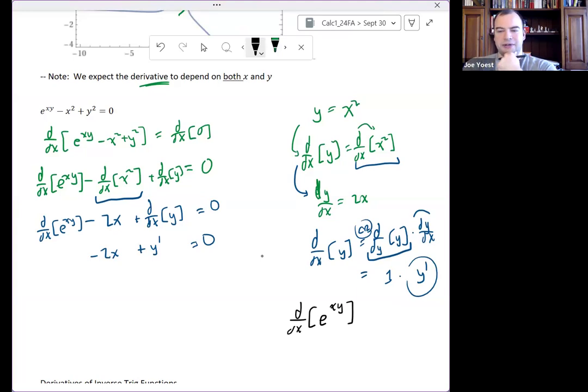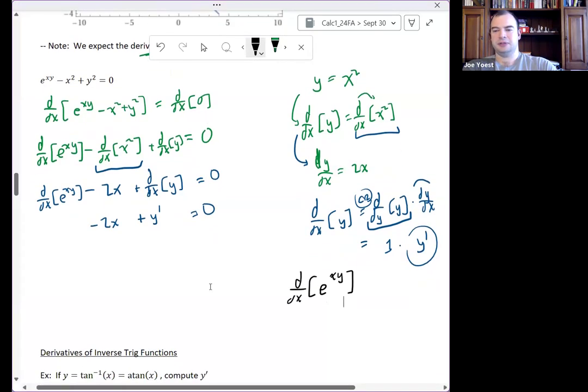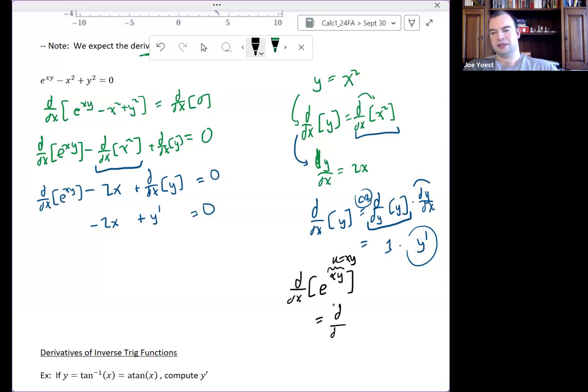Well, here, what do I have? I really have the derivative with respect to x of e to a function of x. This is just like some u, let's call it, equals xy. So this would be like d by du, e to the u, du dx. Does everybody agree with that?